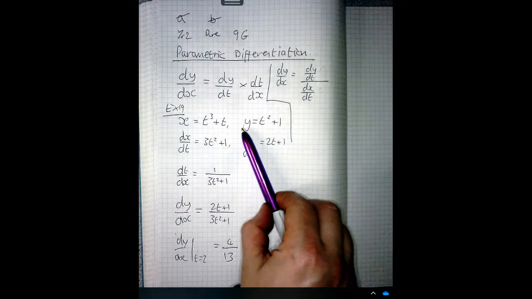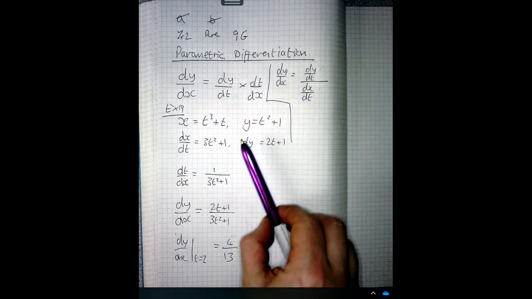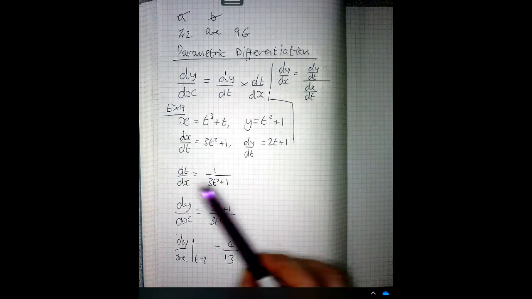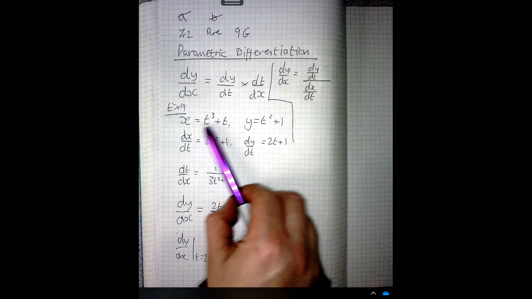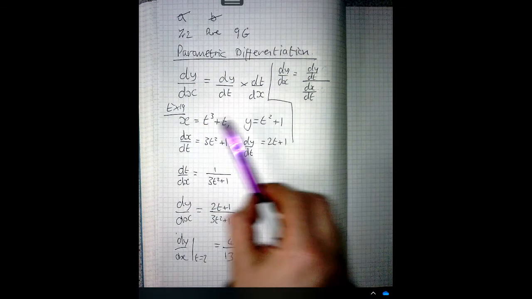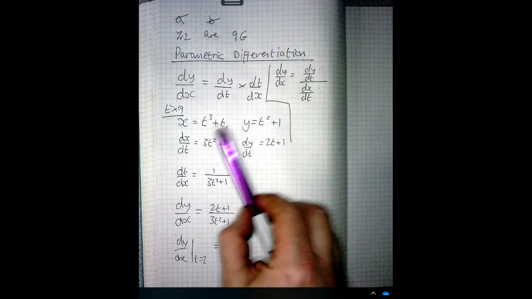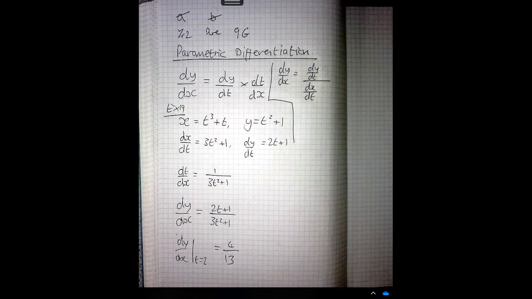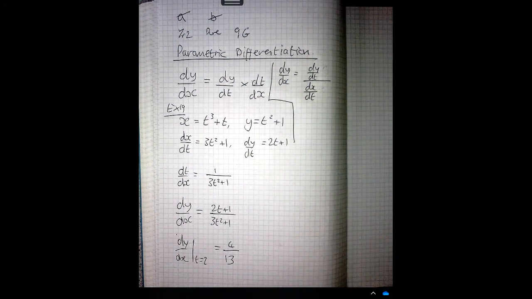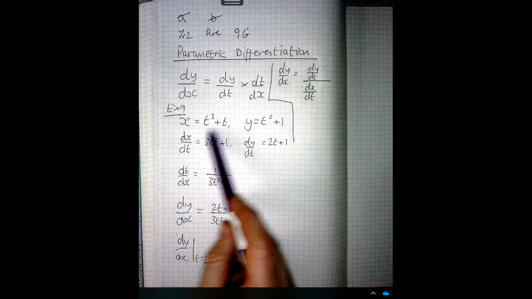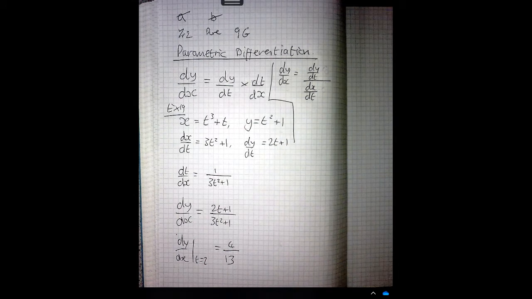What I could do, and I advise against doing this unless you're explicitly told to do so, is make t the subject, sub it into here, and get an expression in y and x. I could do that, but usually it's a lot more work than doing this. And actually, it'd be very difficult to make t the subject in this expression.